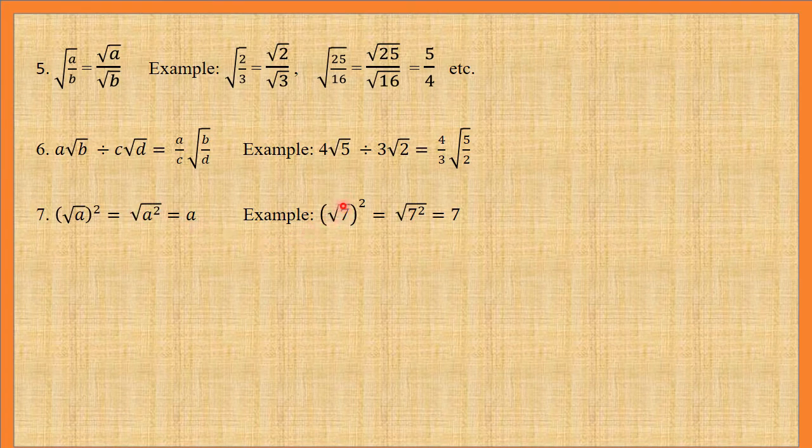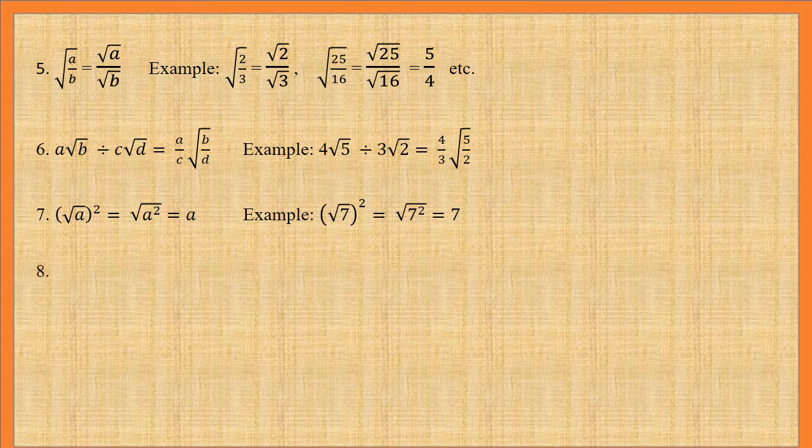Example, square root of 7 squared is equal to square root of 7 squared, and this will go with that, leaving 7. So whenever you have square root of a certain number squared, it gives you the same number, or it gives you the radicand.